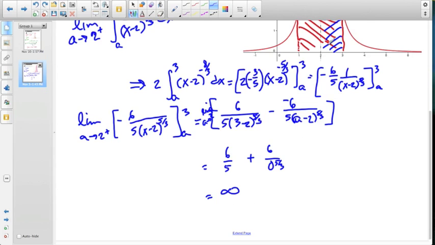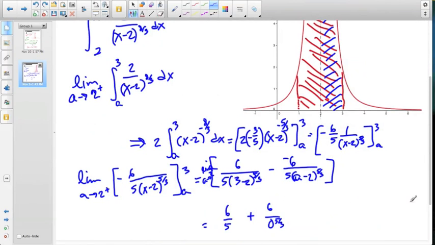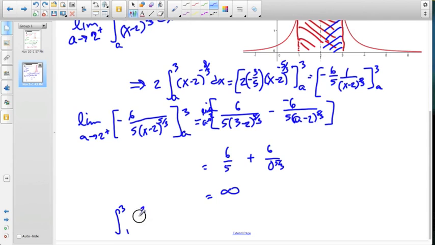And if the right-hand side is infinite, the left-hand side has to also lead to an infinite value. So if we're looking at from 1 to 3, the integral of 2 over x minus 2 to the 8/3 power dx, we're looking at an infinite value for the area. Since that is infinite, the limit does not exist, and we talk about this being divergent.